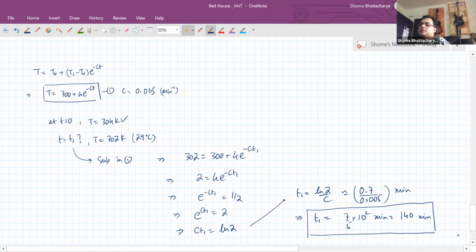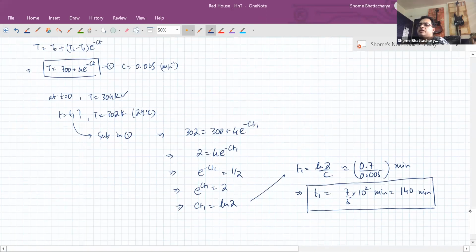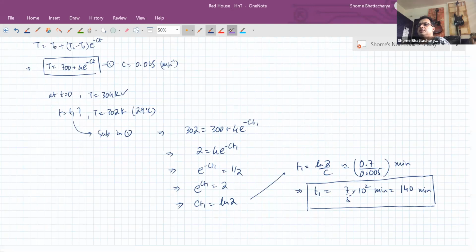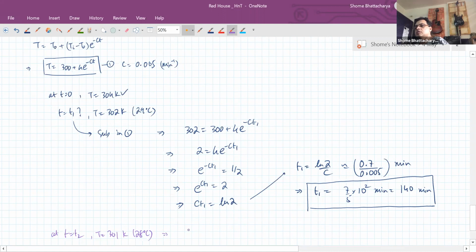Now, once again, you apply the same thing, but for a different time T2, when the temperature has dropped to 301 Kelvin, which is 28 degrees C. So you get, okay.